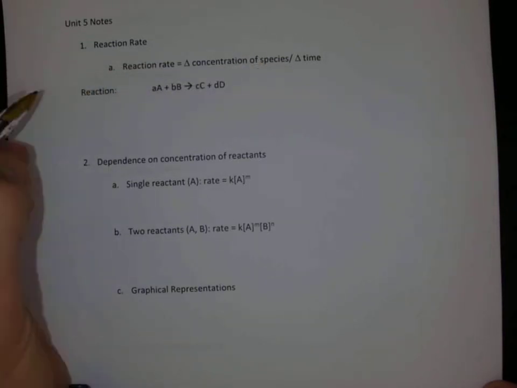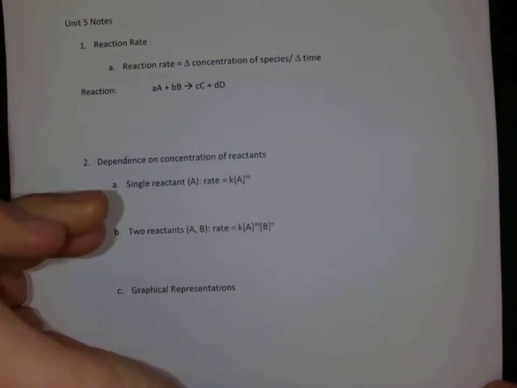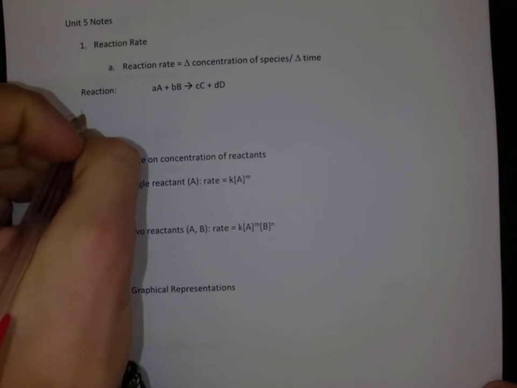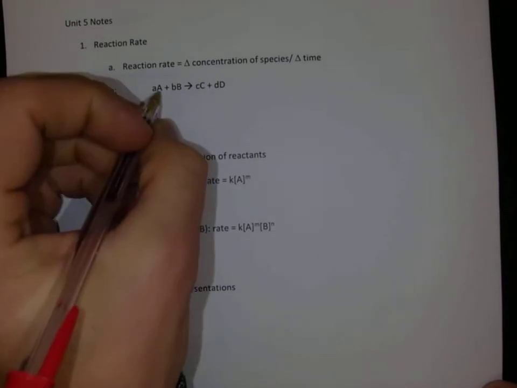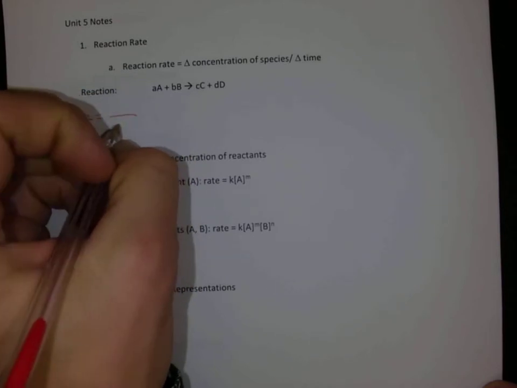So if I were to have this reaction here, which is a totally theoretical reaction, I would say that my rate is going to be the loss of A over time.